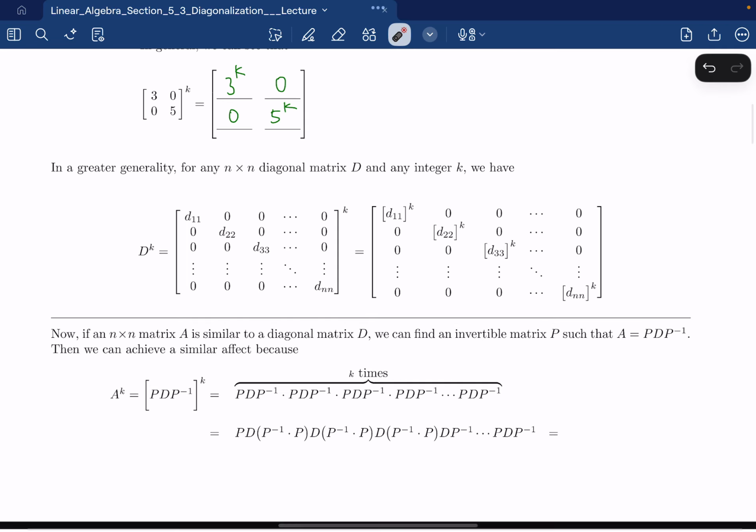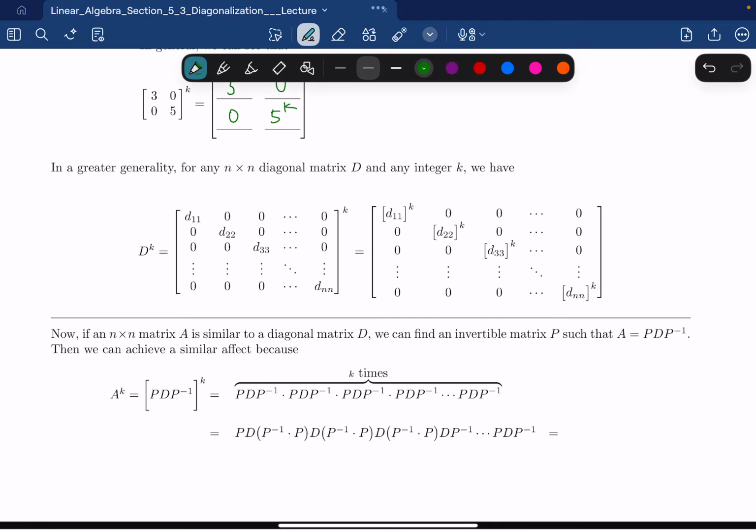Okay. Now, previously, we have the idea of similarity. So now, if you have a matrix A that is similar to a diagonal matrix, that is, A equals PDP inverse, a very important relationship here, that's our definition of similarity.